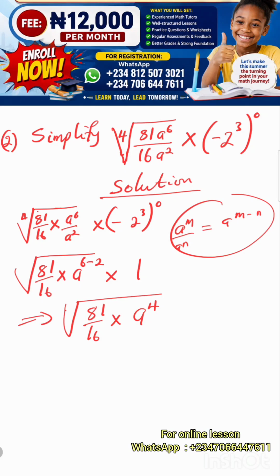Now, we are going to distribute this fourth root to every term inside the radical. It becomes the fourth root of 81 over 16, then multiplying the fourth root of a exponent 4.